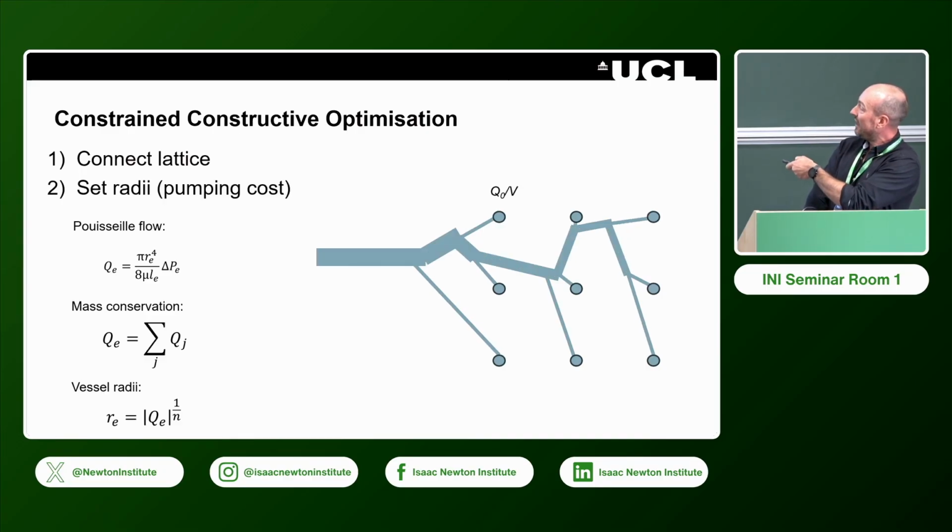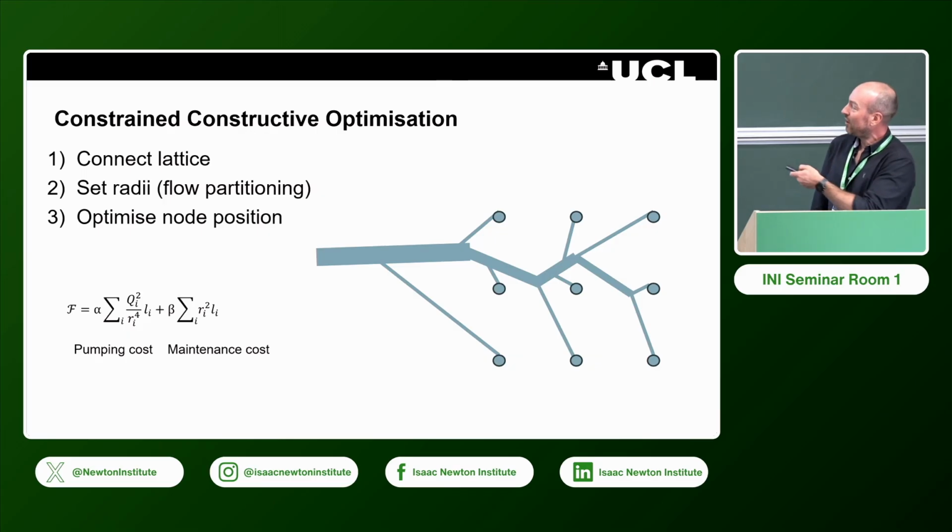You then set the radii of these vessels based on what you define as the required flow per unit volume or area within each lattice point. Use quasi-flow and then mass conservation to propagate the radii up. So you can see this vessel's only feeding one of these lattice points, whereas these are feeding more, so they're thicker. You can see that propagation step of the radii.